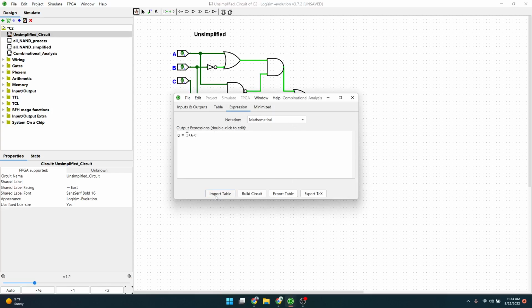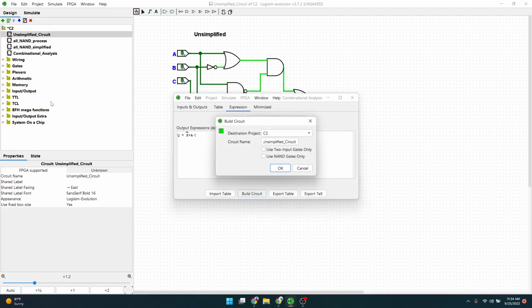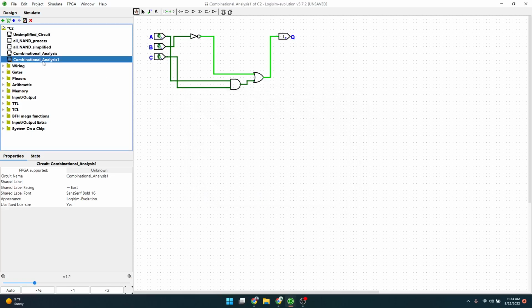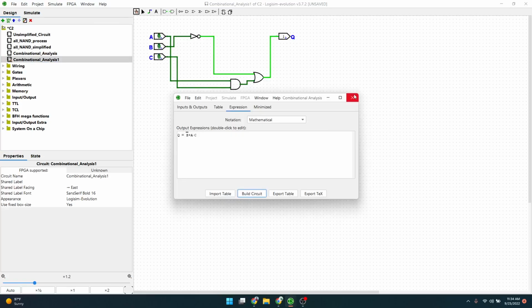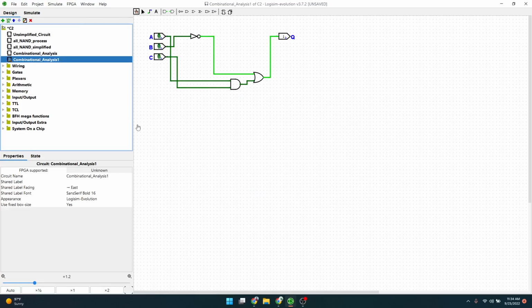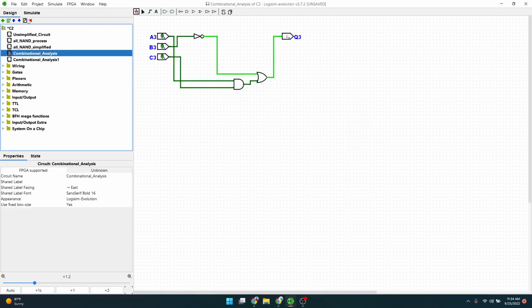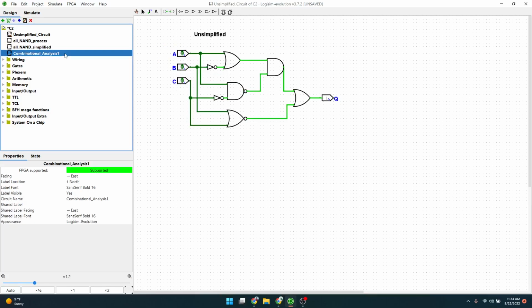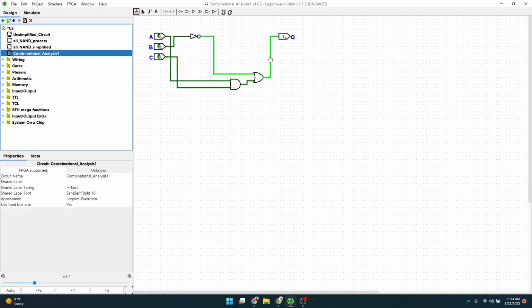We can build a circuit and name it combinational_analysis_1. It just made this right now. This is combinational analysis 1. We can even delete this. Okay, so that's the first one, which was generated by the unsimplified circuit.